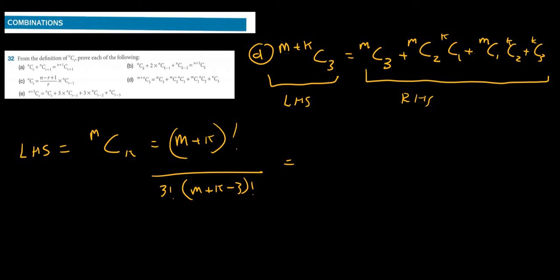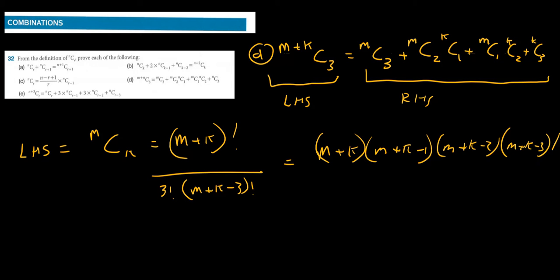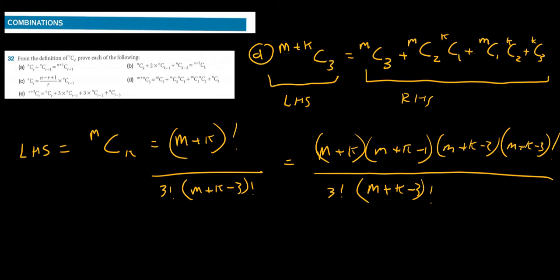By definition, we can simplify this just by iterating the top. Iterating just means expanding. So M plus K, M plus K minus 1, M plus K subtract 2, and M plus K subtract 3. I'm going to keep the 3 as a factorial, M plus K subtract 3.